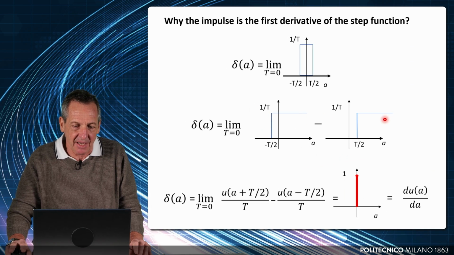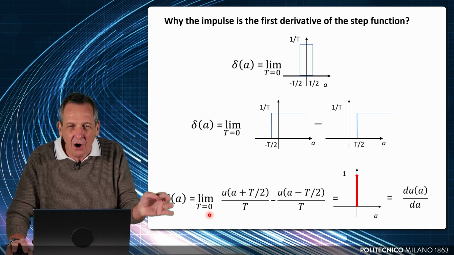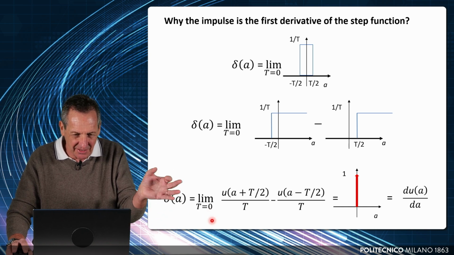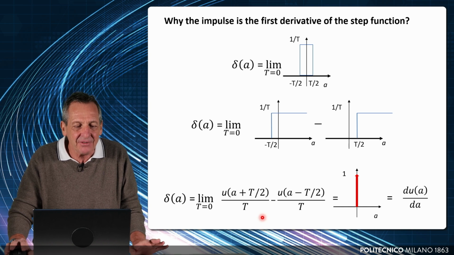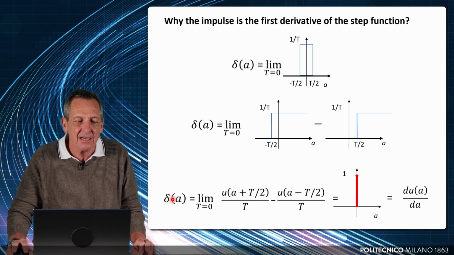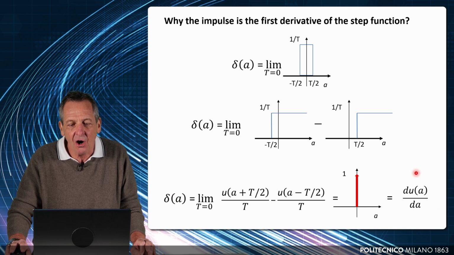The height of the step function is multiplied by 1 over T. And if we write down this difference in this formal way, you see that for capital T going to 0, going to the infinitesimal value, we have written down exactly the definition of first derivative. And so delta is the first derivative of the step function.